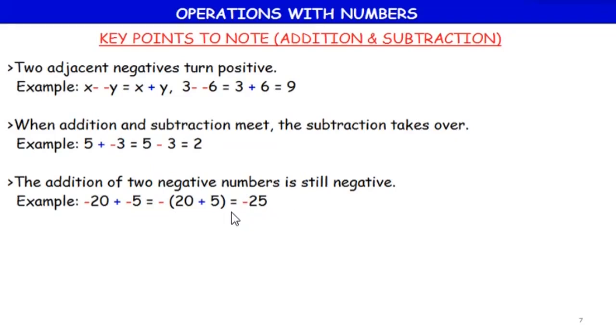So that is the rationale behind this principle. Whenever you're adding two negative numbers, it is simply going to be the sum of the positive form of the numbers, then you attach the negative sign to it. I believe you get it, right? Okay, so let's move on.